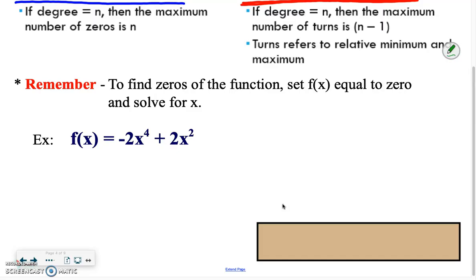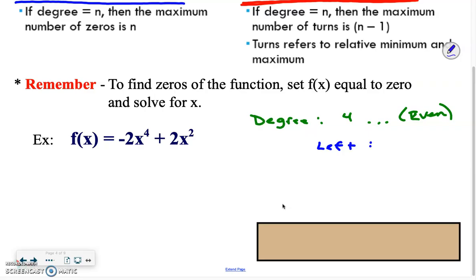So what's the degree of this function? If I get my head out of the way. Ooh, the degree is 4, which is odd or even? That is even. Okay. So if we know that that's even, what are you going to tell me about the ends? Even degree, they're going to go same or opposite direction? Same direction. They're both up or they're both down. Based on the fact that the leading coefficient is negative, what do we know about the ends?